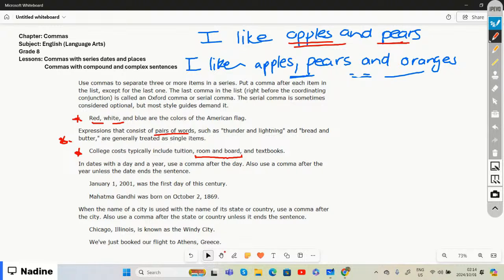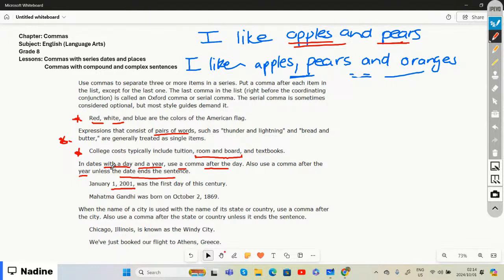So now if we have dates also, if we need to write a date with a day and a year, we need to use a comma after the day, and we also use a comma after the year unless the date ends the sentence. For example, January 1st, comma, 2001, comma, was the first day of the century.